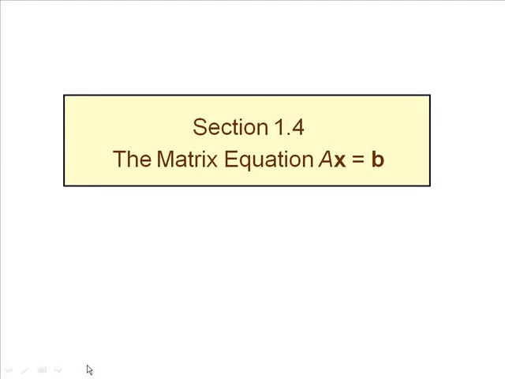Section 1.4, the matrix equation AX equals B. Linear combinations can be viewed as a matrix vector multiplication.